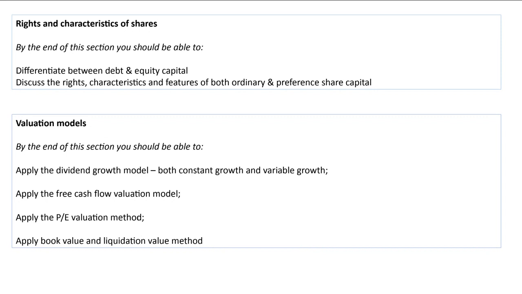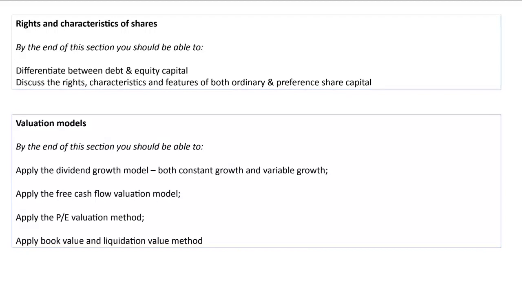In this particular one, we're not adjusting that PE ratio for anything. We've said similar companies have got a PE ratio of 5, and we're going to use 5 exactly as it is. And so we then take the EPS of 20, we multiply it by the PE ratio of 5, and we come up with our share valuation of 100 Rand per share. Okay, so you can see that's quite easy.